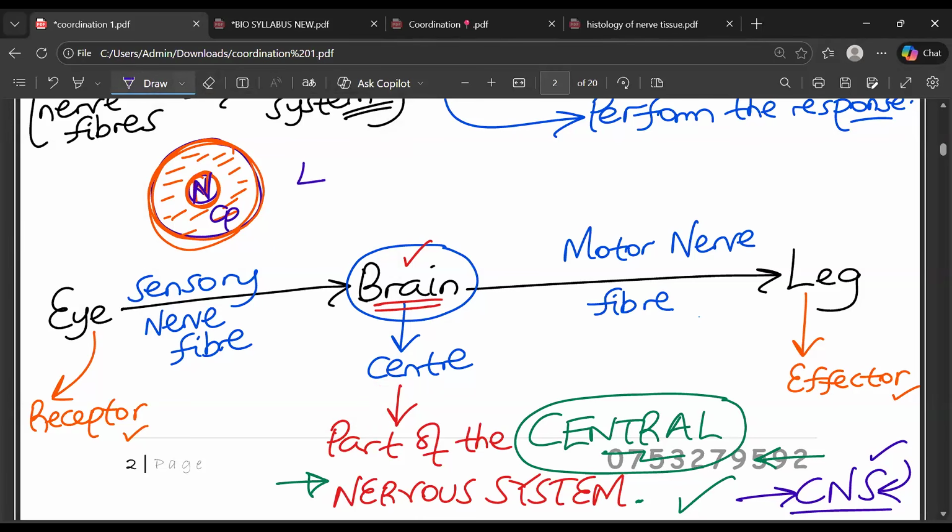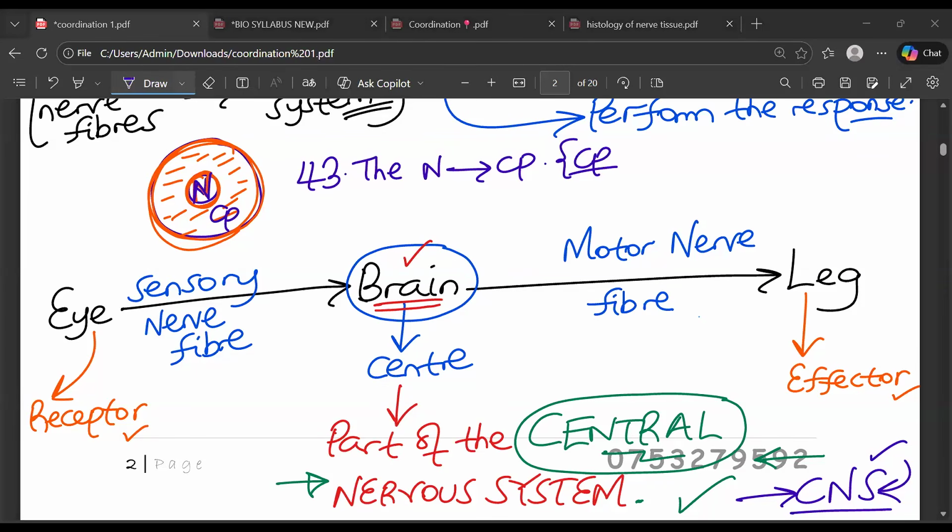They tell you, number 43, the nucleus is at the center of the cytoplasm. Write the statement beginning cytoplasm. What do you say? The cytoplasm is at the what? Of the what? I want to hear from you people.